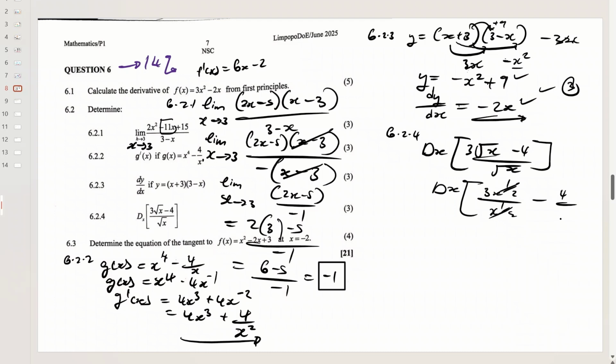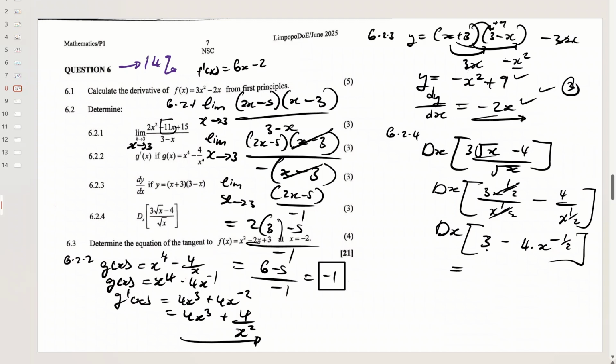And then you are left with that to the power 1 over 2. So now you have d/dx of 3 minus 4 times x to the negative half. You know by now, guys. You are left with 4 times 1 over x. Take the reciprocal of this there inside the bracket, it is the opposite of what you're seeing. So it's just that part there.